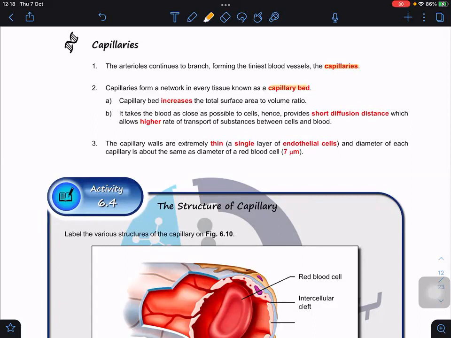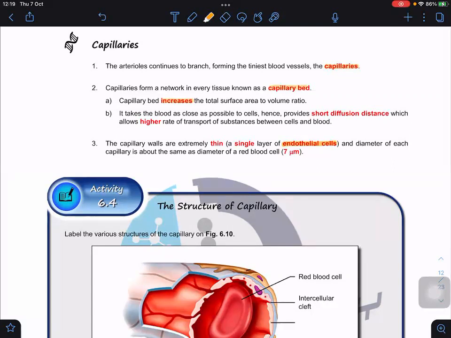Very important, we want to increase the total surface area to volume ratio. Compared to the artery and vein, the capillary walls are very, very thin and consist of one layer of cells, and this layer is endothelial cells only. Or endothelium.